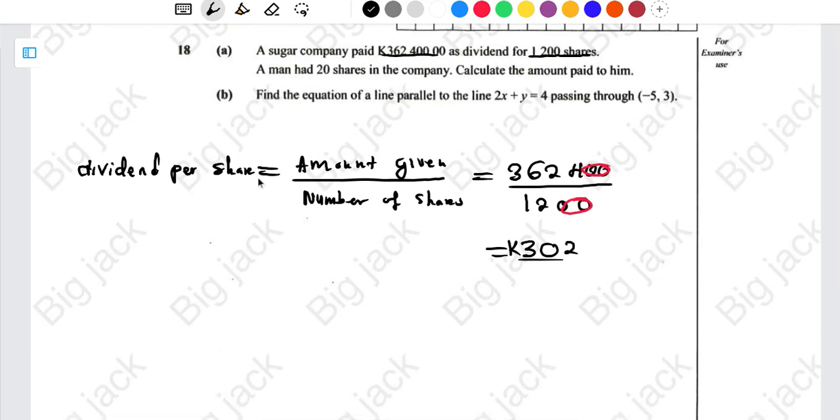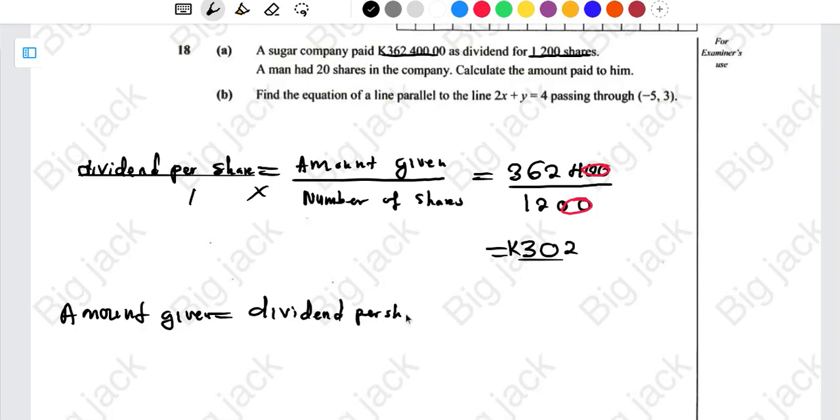Now what about the one who has 20 shares? We just have to flip this one. When we cross multiply, we are making the amount of money the subject of the formula. So the amount of money paid to this man is going to be equal to the dividend per share multiplied by the number of shares.